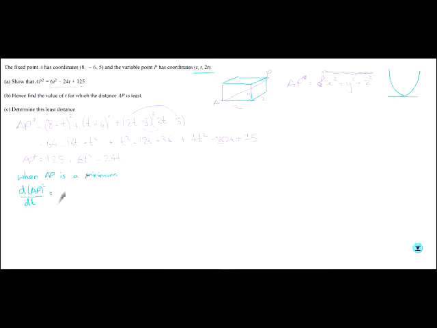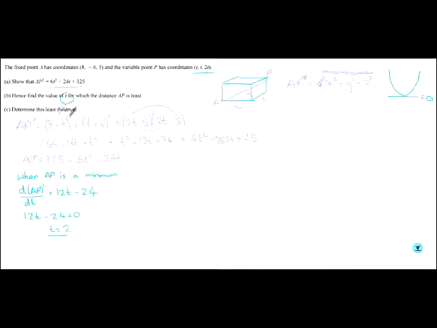That constant term goes, and we're going to have 12t minus 24. And like I just said to you up here, this is going to be equal to 0. So let's put this equal to 0. So we've got 12t take away 24 is equal to 0. A bit of simple rearranging, you're going to get 2. So the value of t when AP is its least is 2.